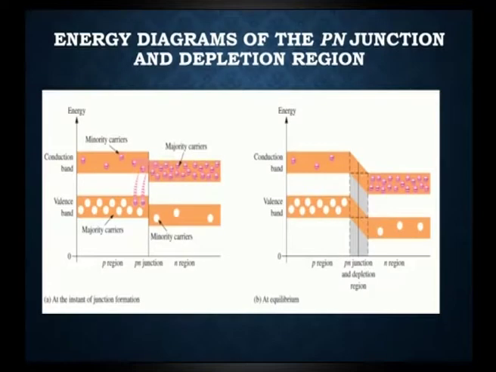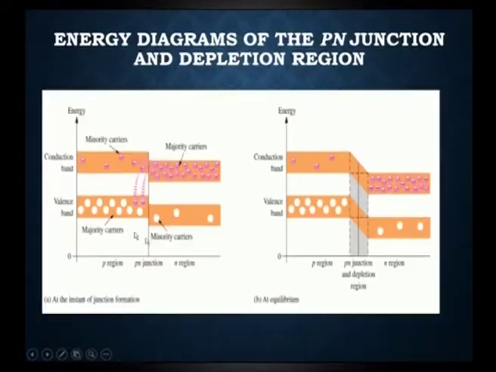When the P type material is brought near the N type material, the junction is formed. The energy band diagram that was previously formed for P and N type will be slightly different when the junction is formed, when P and N come into contact.